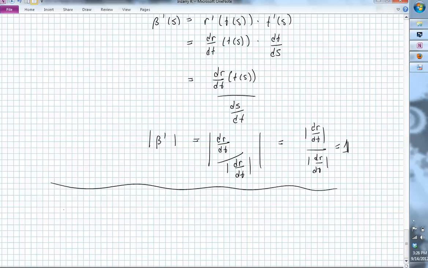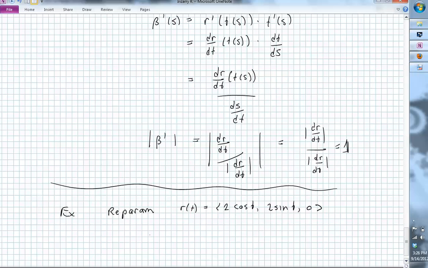Let's do this to our friendly circle example. Let's reparameterize r of t equals 2 cosine t, 2 sine t, 0.